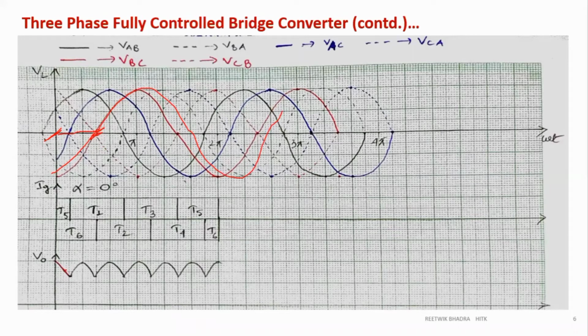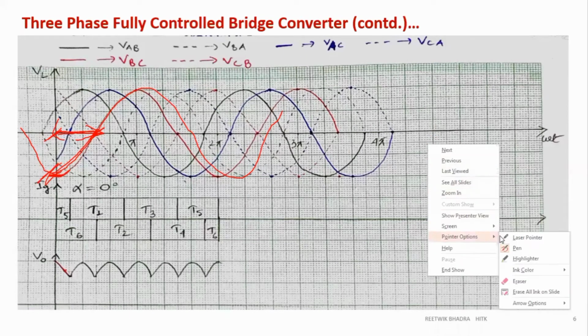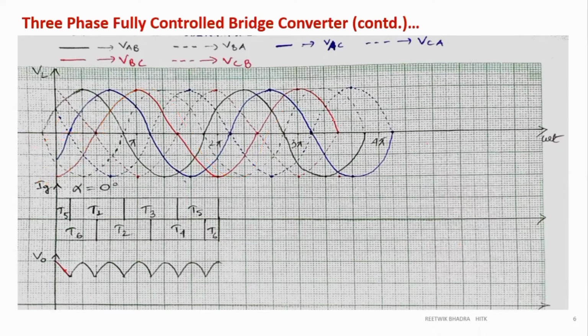This much degree is how much? 90 degrees. So it should reach the negative peak over here, and that's why it has reached the negative peak here. Then it will continue in this direction, so up to this you have to show the figure. Then draw the red dotted line.